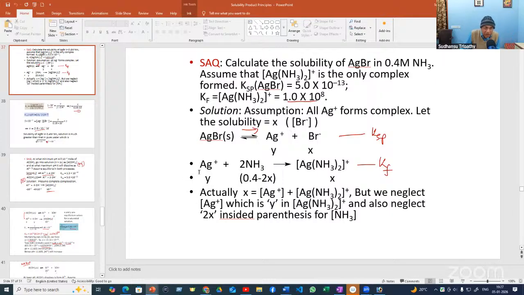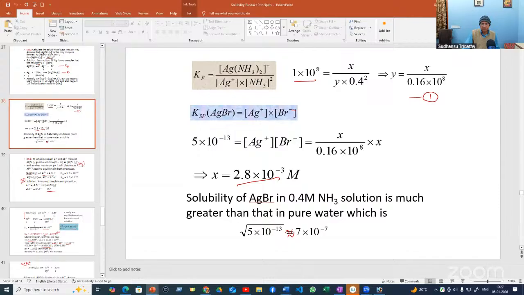So you write initial x, and whatever is given for the complexing ligand, 0.40, then this is completely gone, 0. You write first 0, 0.4 minus 2x, x. But actually it is not 0, it is y, and put y here. That will give two equations, and from the two equations you can get x and y. Got it? Yes, sir.